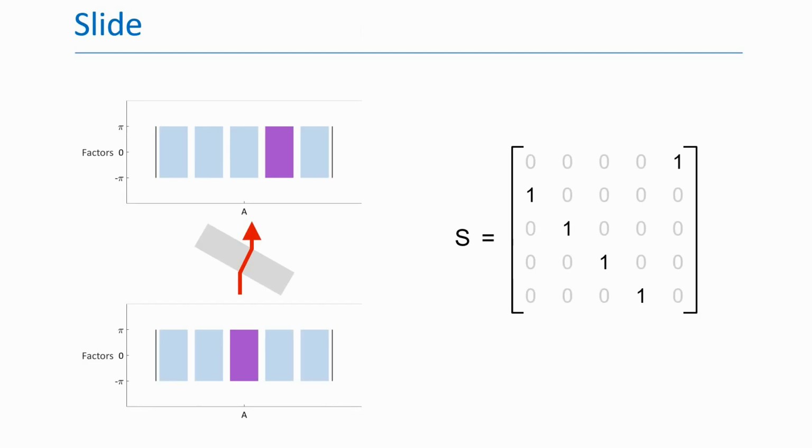The slide transformation is physically implemented by an optical slab. This is a thick piece of glass with parallel faces, and it's oriented at an angle. For a moment, we'll briefly think in terms of geometrical optics, which means that we model light as a ray rather than as a wave.